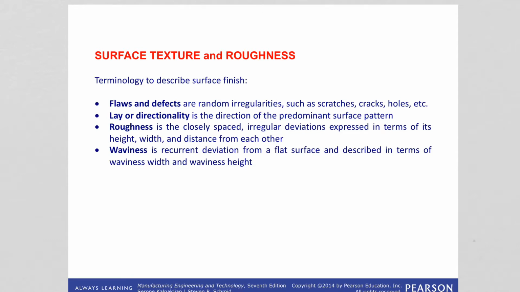Waviness occurs because of work deflection, vibration, heat treatment, and similar factors. Roughness is superimposed on waviness. And lay is the predominant direction or pattern of the surface texture. It is determined by the manufacturing method used to create the surface, usually from the action of a cutting tool.